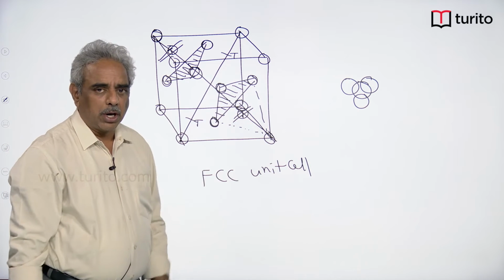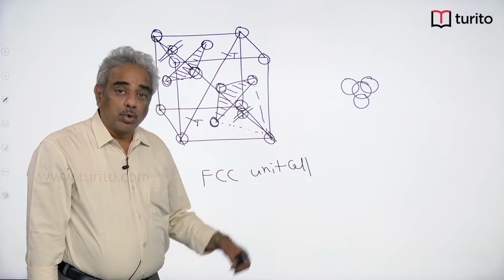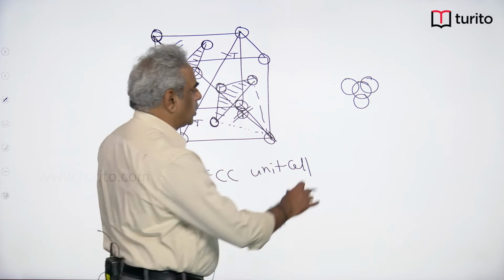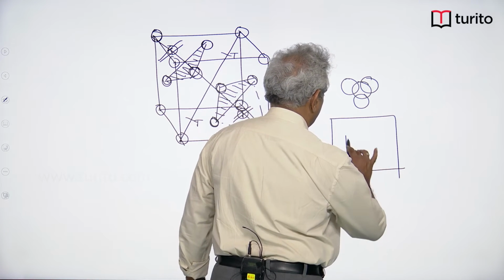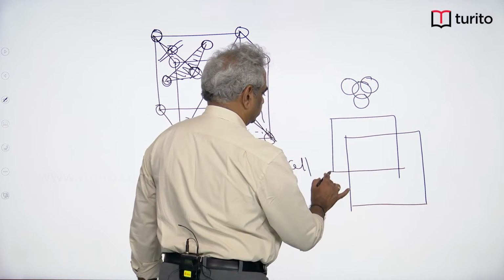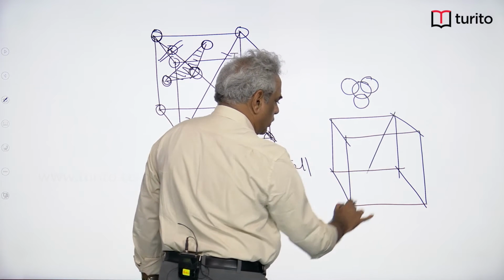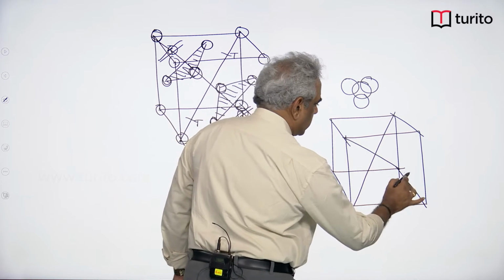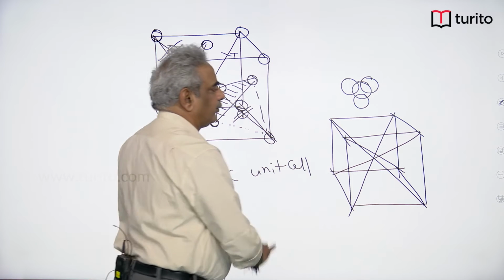Similar grounds, similar logic. And how many more body diagonals are there? Two more. So, once you take a cube, there will be four body diagonals. From here to here, from here to here, from here to here, from here to here.